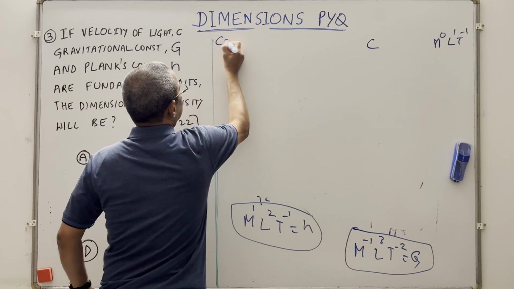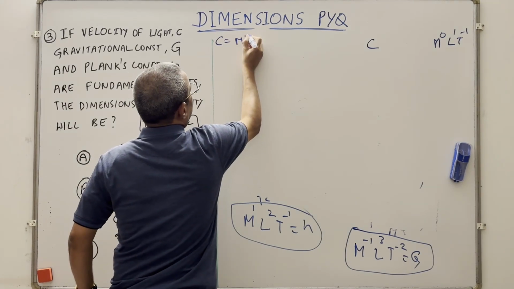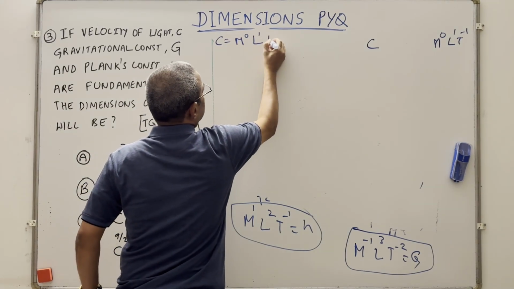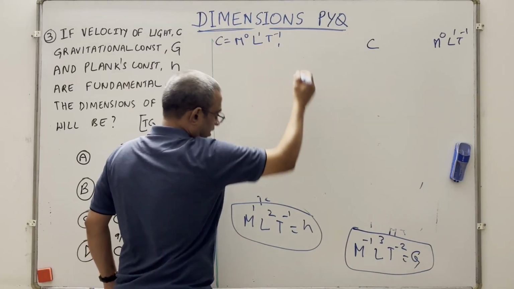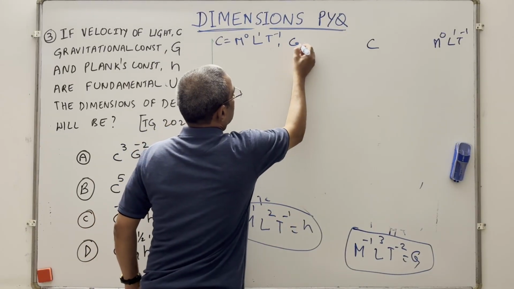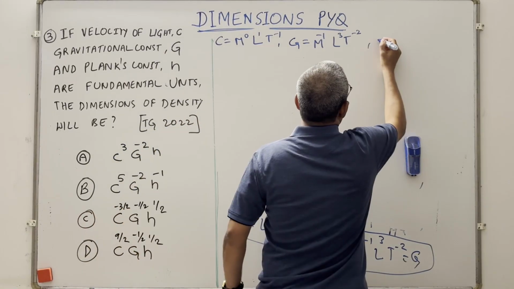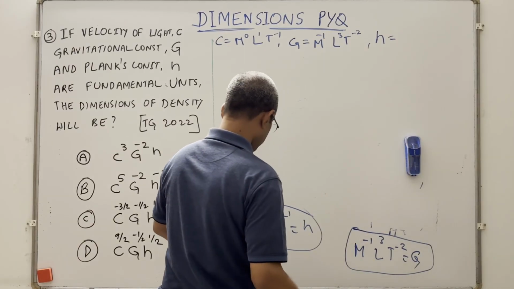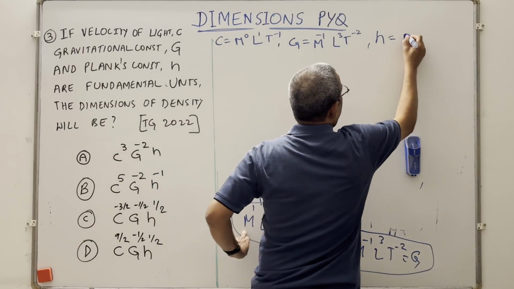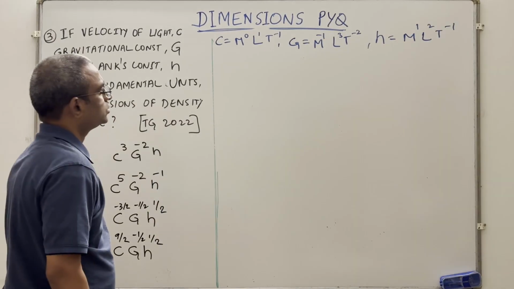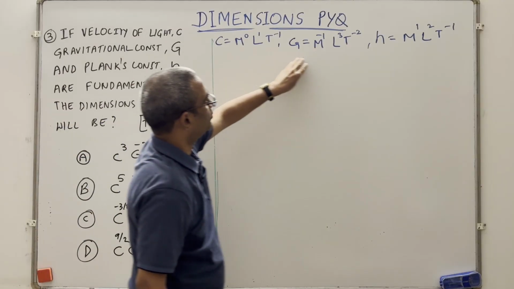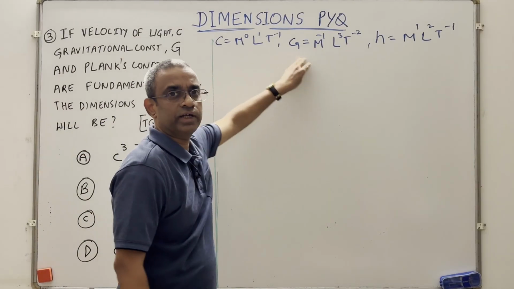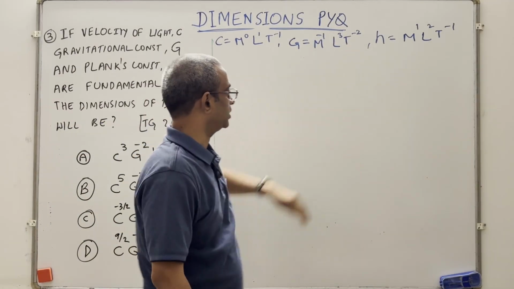Okay, so c is equal to M power 0, L power 1, T power minus 1, and G, gravitational constant, is M power minus 1, L cube, T power minus 2, and h is M power 1, L square, T power minus 1. So now these are the dimensions of velocity of light, gravitational constant and Planck's constant.